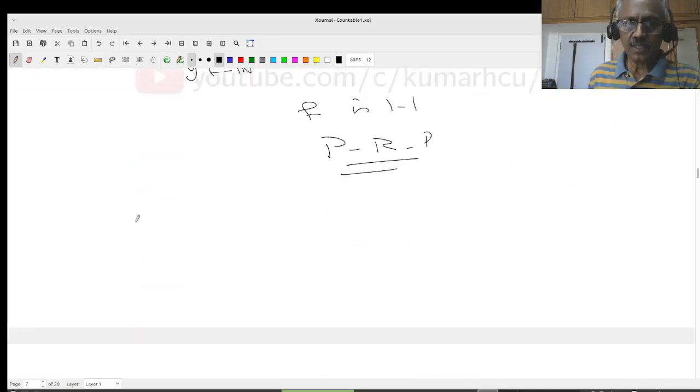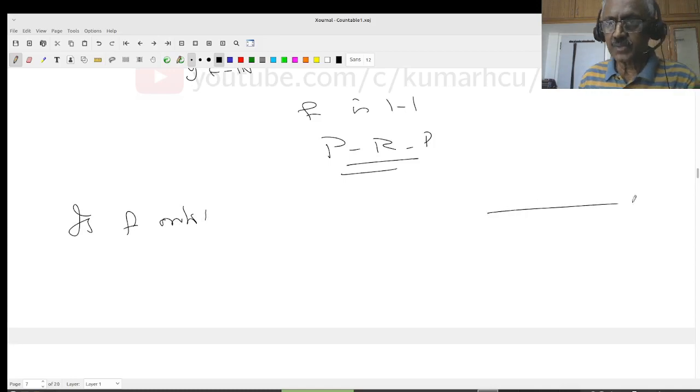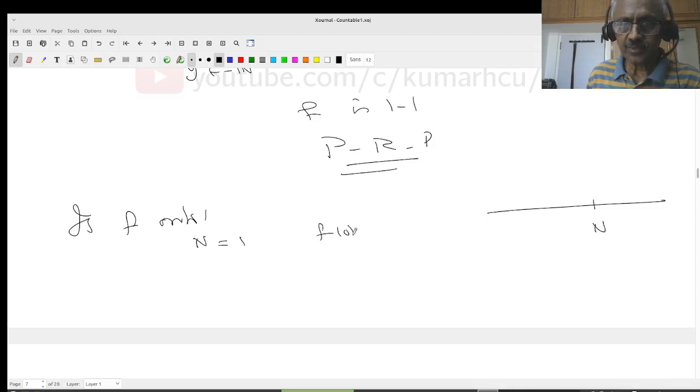Now I want to know whether f is onto. So let us start with some natural number N, right? If N equals 1, then f of 0 is 1. Okay, so let me assume N is greater than 1.